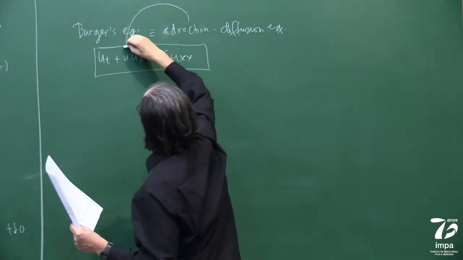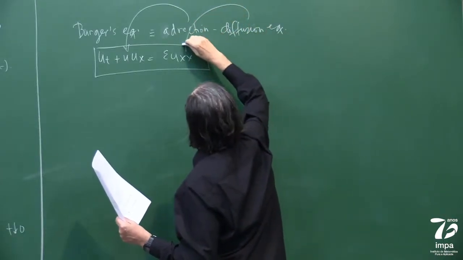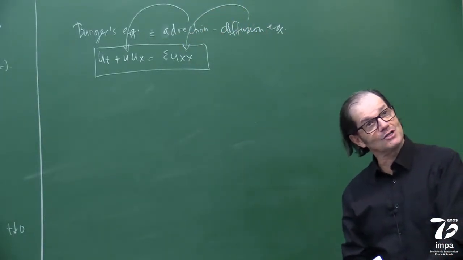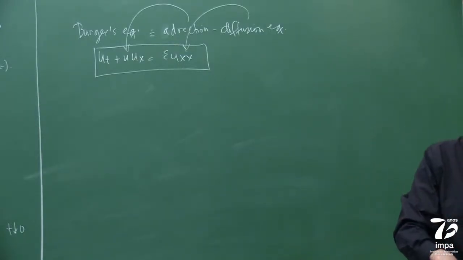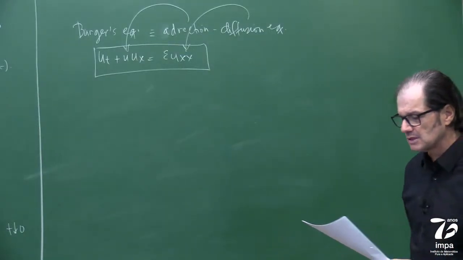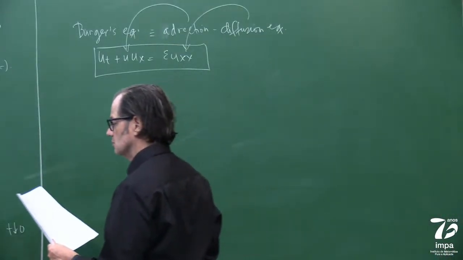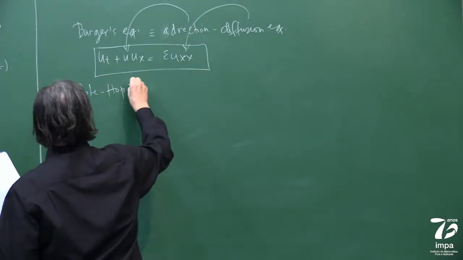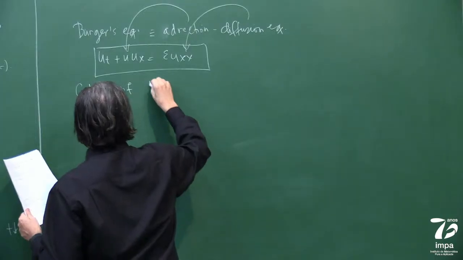So here's the advection term. Here's the diffusion term. I also sometimes call it the viscous Burgers' equation, or this was actually the original Burgers' equation. Now you know about it. And what we're about to do is see the Cole-Hopf transformation.